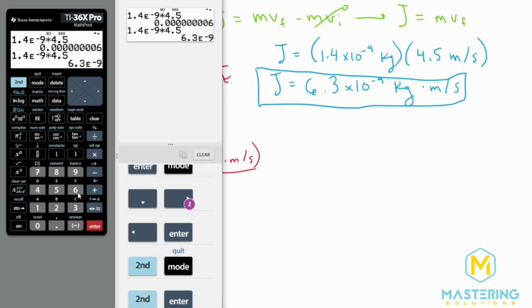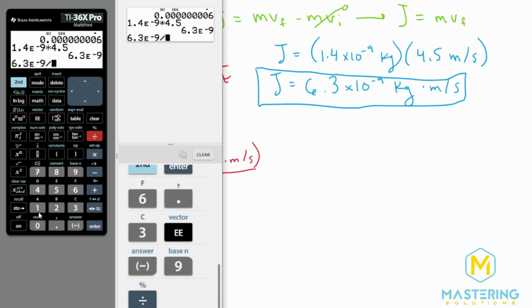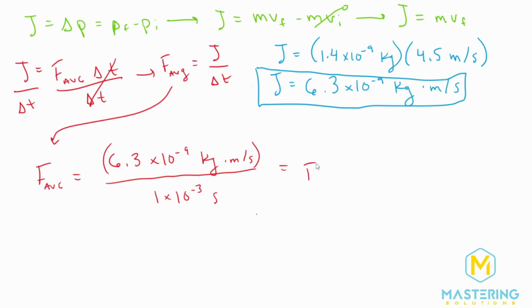So we're just changing the exponent is all. So 6.3 times 10 to the negative 9 divided by 1 times 10 to the negative 3. So it's 6.3. Average force is equal to 6.3 times 10 to the negative 6 kilograms times meters per second squared, or newtons.